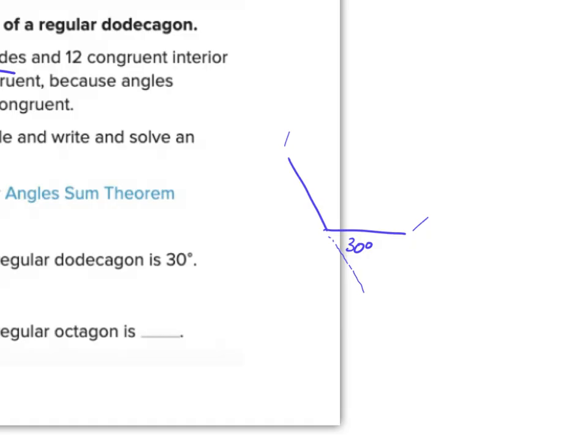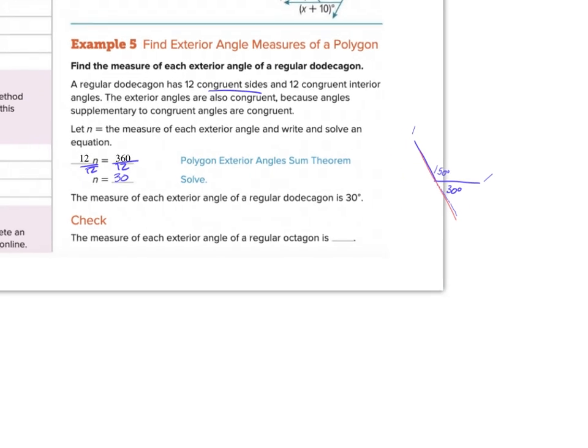I hope we know it's 150 degrees, because your exterior and your interior angles form a straight line. They're a linear pair, they're supplementary, they equal 180 degrees. So that is actually an easier way for me sometimes to find the interior angle measurement. If I know how many sides it is, I can divide that into 360 and come up with my exterior angle and know the supplement to that. It's just a matter of practice.